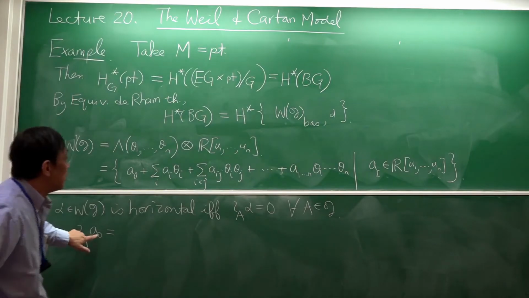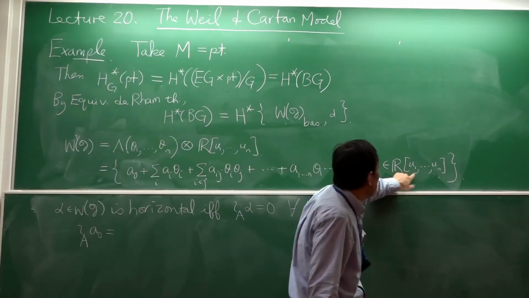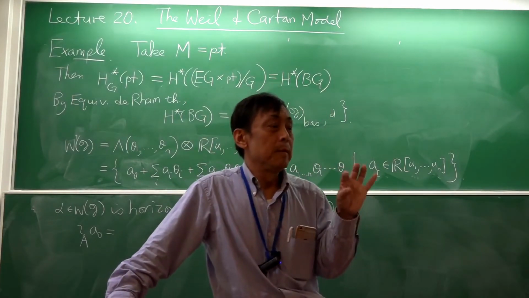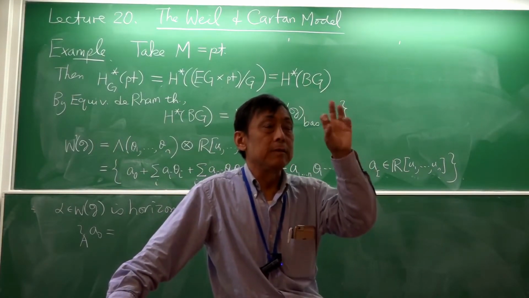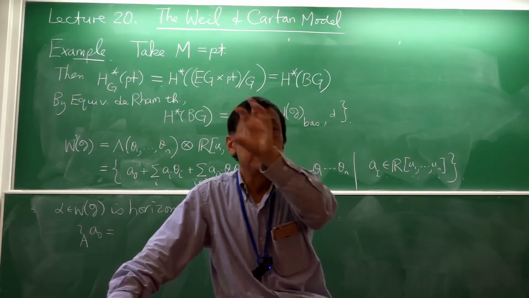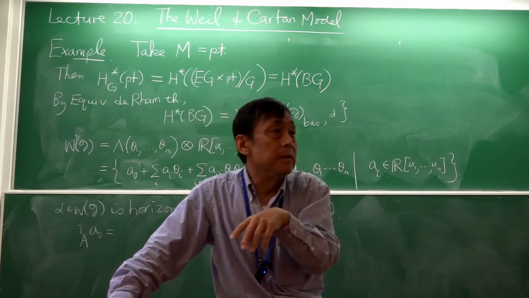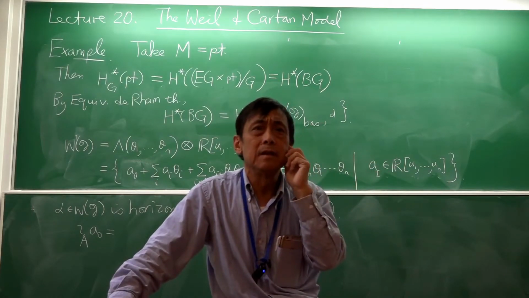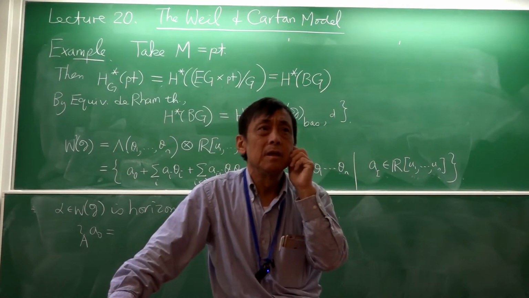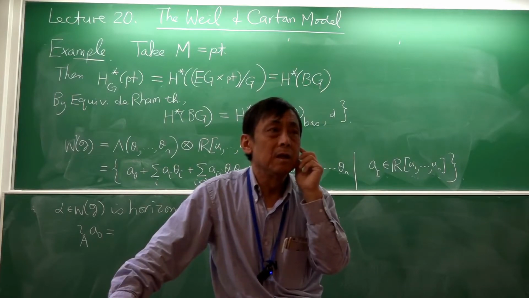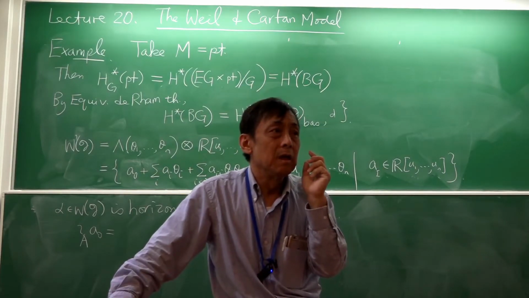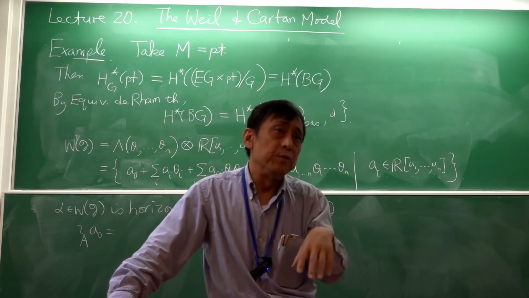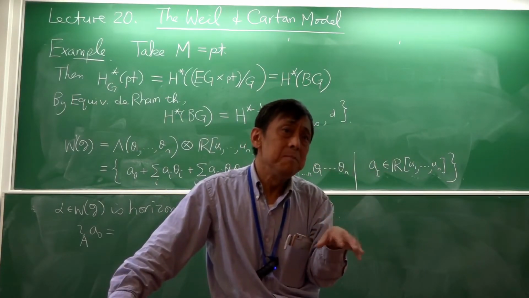Now, A0 is a polynomial in the U's. So it starts with a constant term, then it has monomials in the U's. But what's IA of a constant? 0, because IA reduces the degree by 1, right?